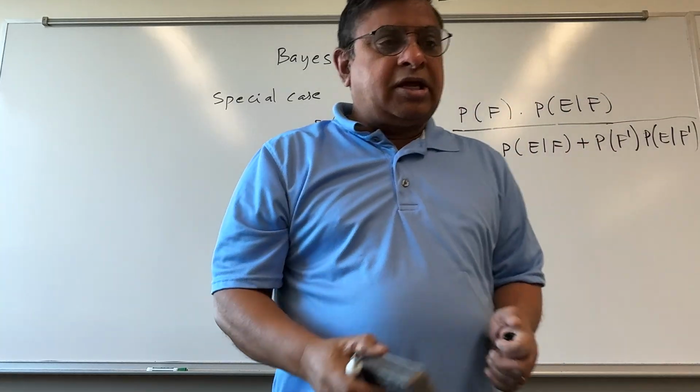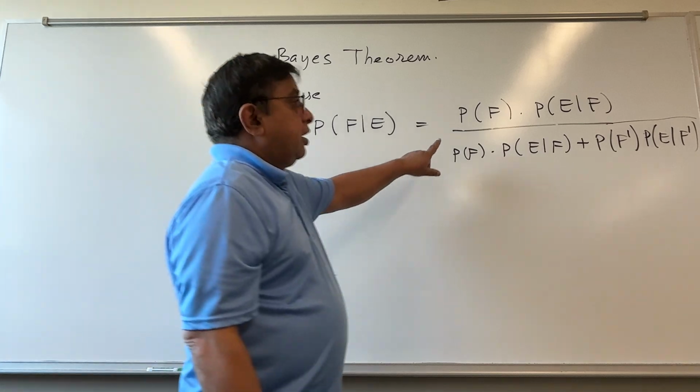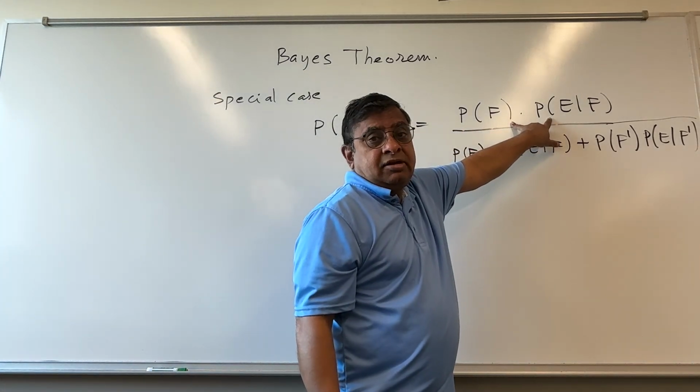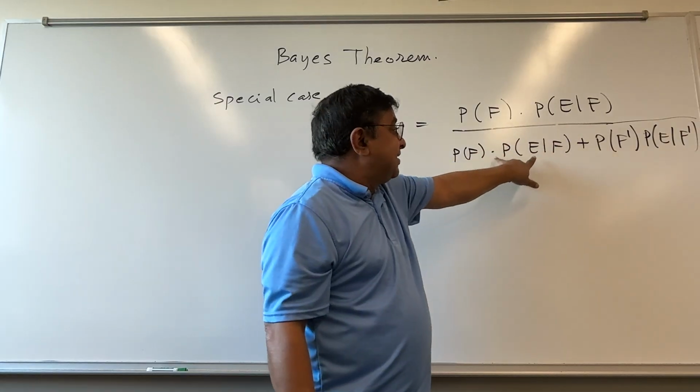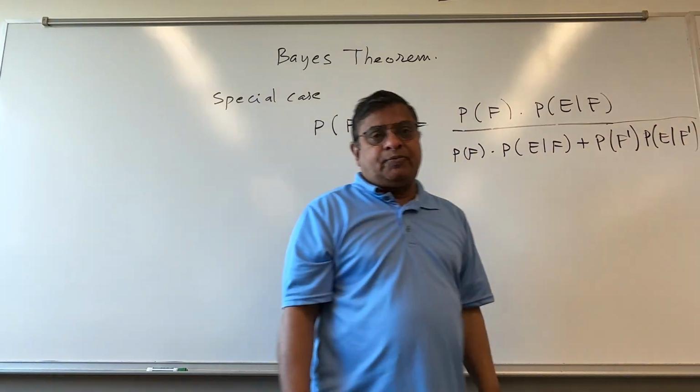And that is known as Bayes' theorem, special case. And here, the top, like I said before, this product is exactly the same as this product plus some additional stuff.